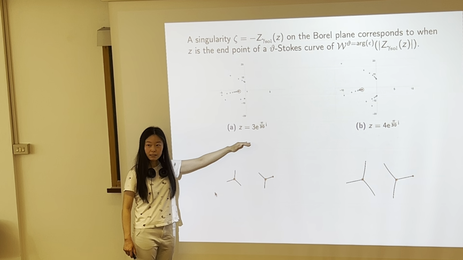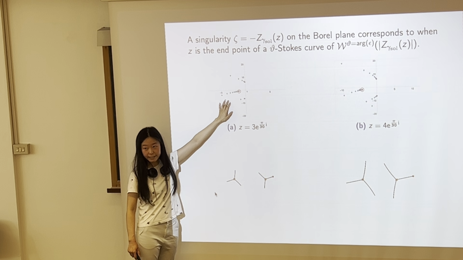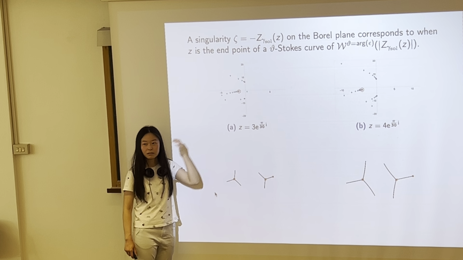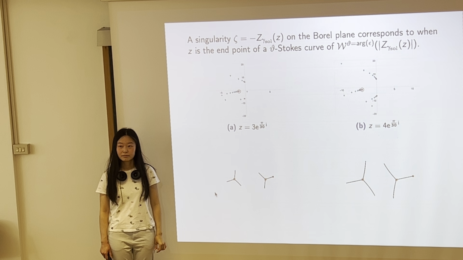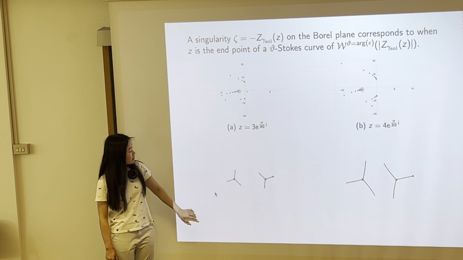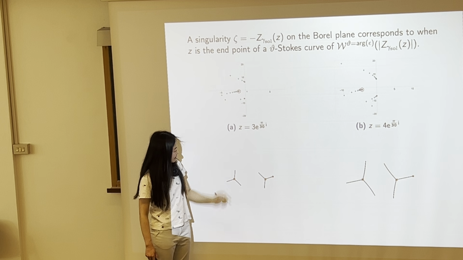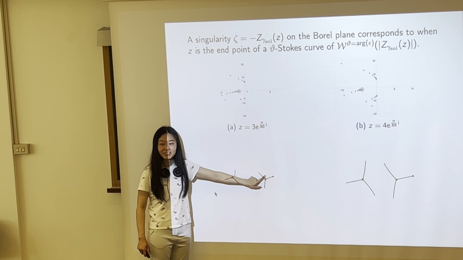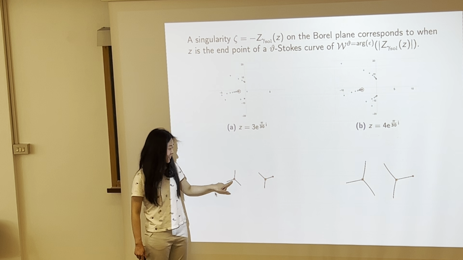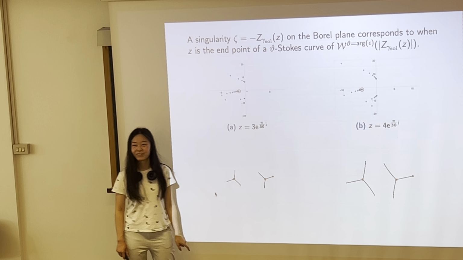So for different Z, you get different Borel planes. But you have several red points here in the Stokes graph. Those are orange points. Sorry, they are the branch points, and this is the only red dot.